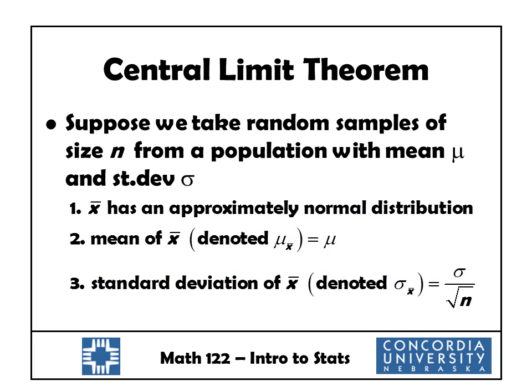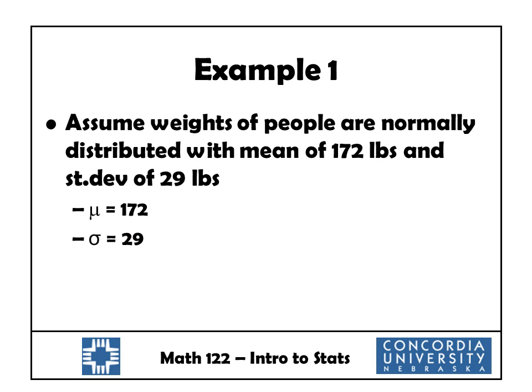Using that information I can calculate probabilities of x bar. Okay. So to calculate our probability here, we're going to use some real data. Assume the weights of people are normally distributed with a mean of 172 pounds and a standard deviation of 29 pounds.